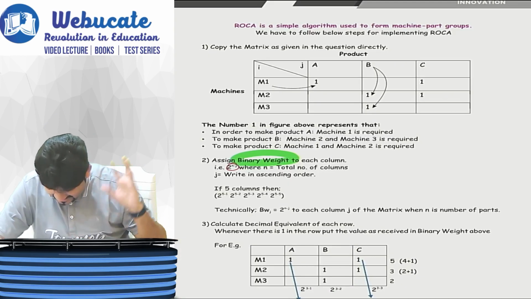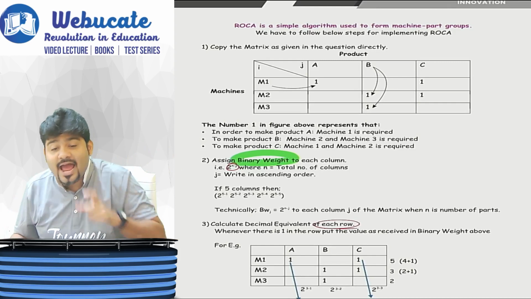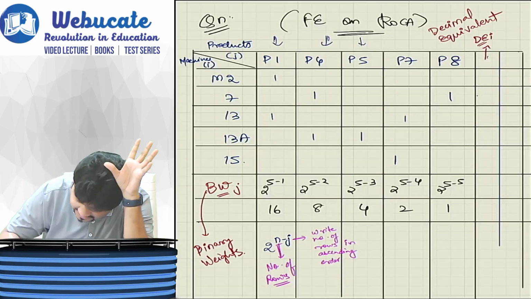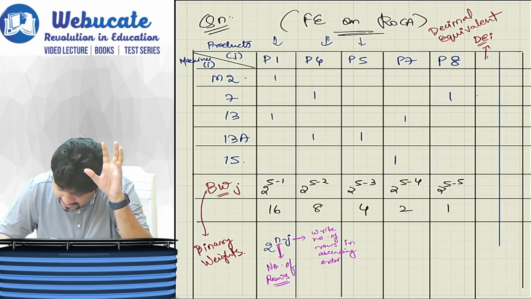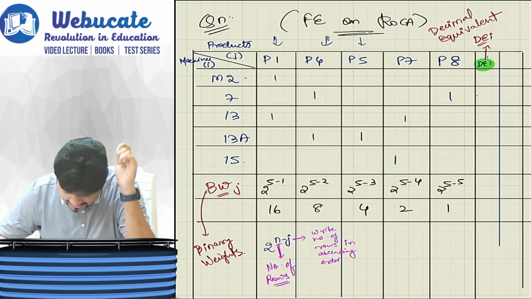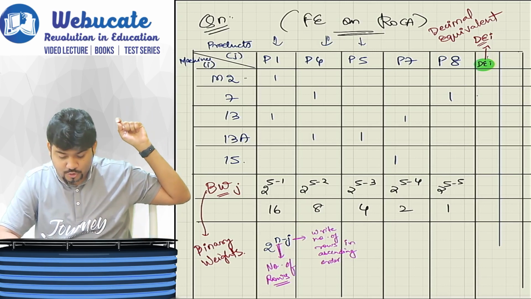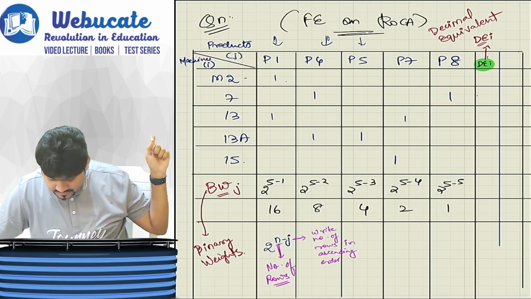So what is the decimal equivalent? Let's see. The decimal equivalent of each row is very simple. You just have to add the numbers. So how does it work here? In the case of M2, now here we are calculating DEI. In M2, there is this P1 that you can see.